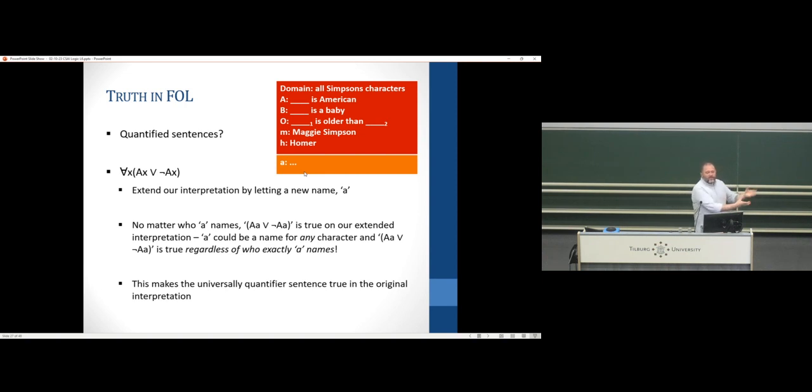It can be Homer, Maggie, Burns, the Bumblebee Man, Apu, anybody, doesn't matter. No matter who A names, if we can slot it in place of X, and the sentence comes out true, no matter who it names, then the universal is true. But if it matters who it names, that is, some of them will make it true and some of them will make it false, then the universal's false.